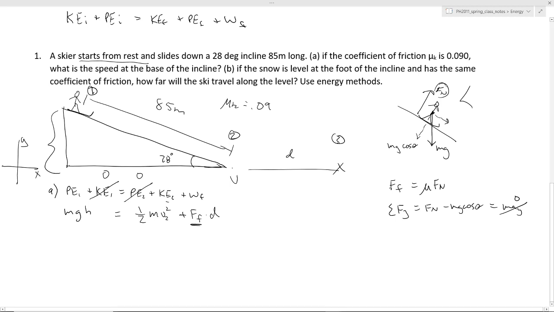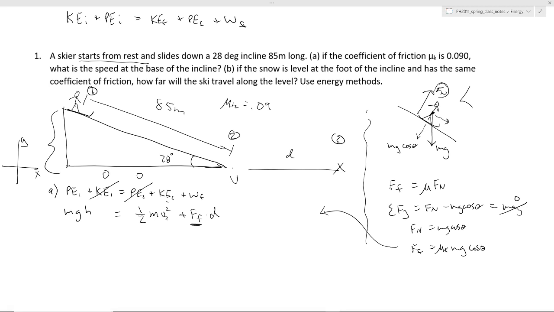So this is necessary background, just to get us to the point where the normal force is mg cosine theta, and then notice that the force of friction would be mu k mg cosine theta. And that's the ingredient that we need to calculate the work done by friction. We need the force of friction.